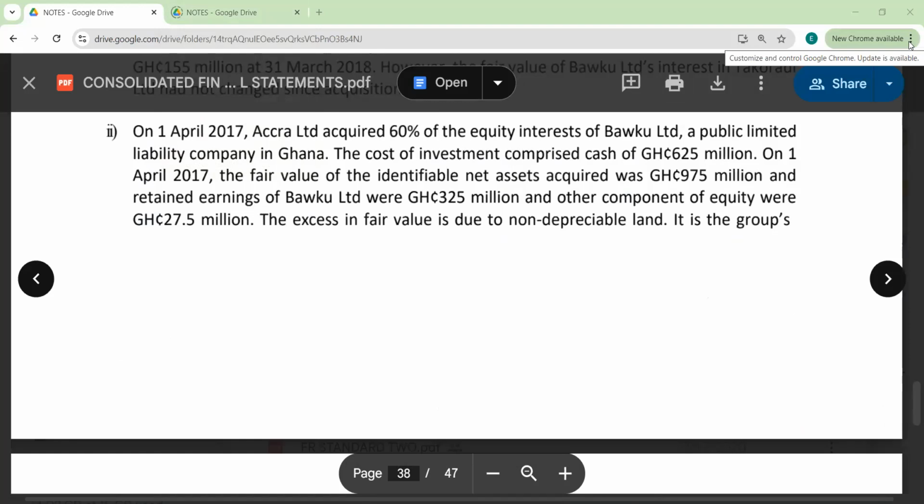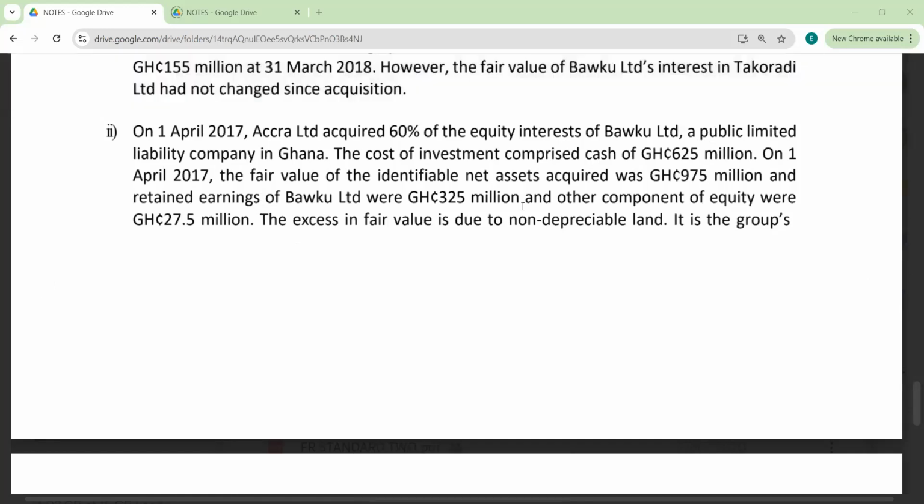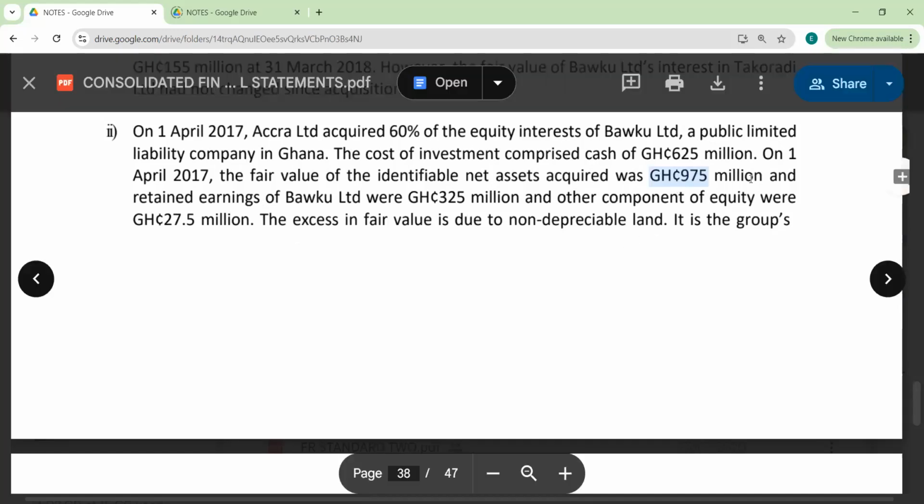The cost of investment comprised cash consideration of 625 million. On 1st April 2017, the fair value of identifiable net asset acquired was 975 million.